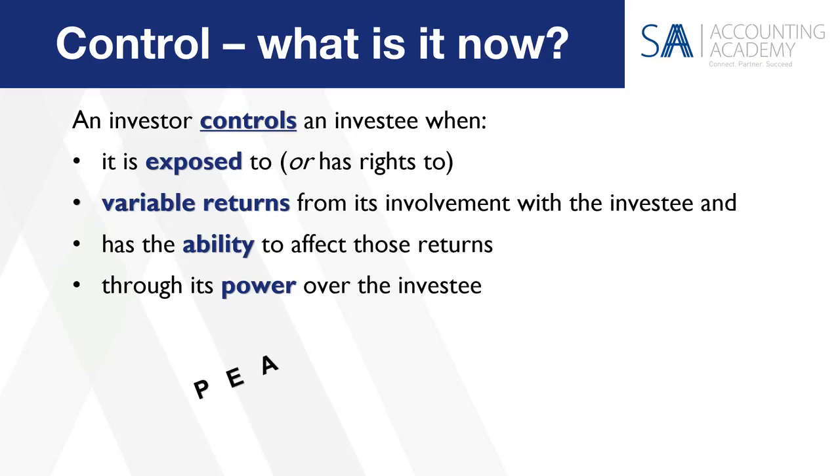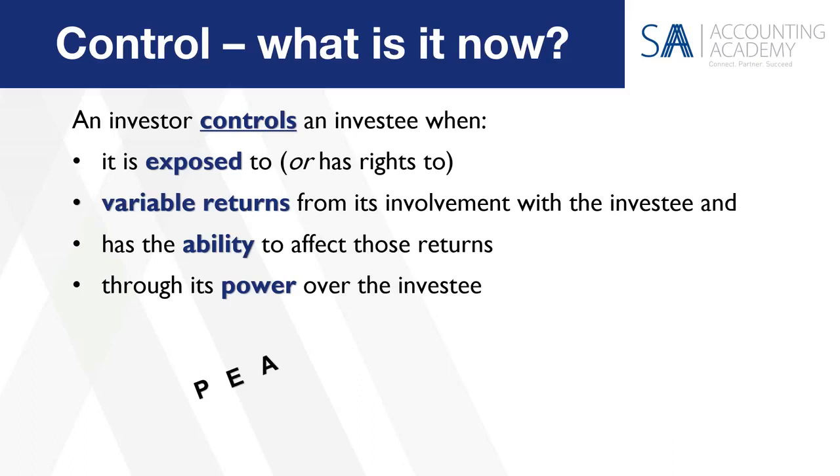We discussed this in great detail. First, the exposure or right that you have to the variability of returns. When will returns actually be variable? Even when the returns are fixed, the company's performance can still create variability relating to those returns. If the company's non-performance could lead to the fixed returns not being settled, then those returns are also variable.